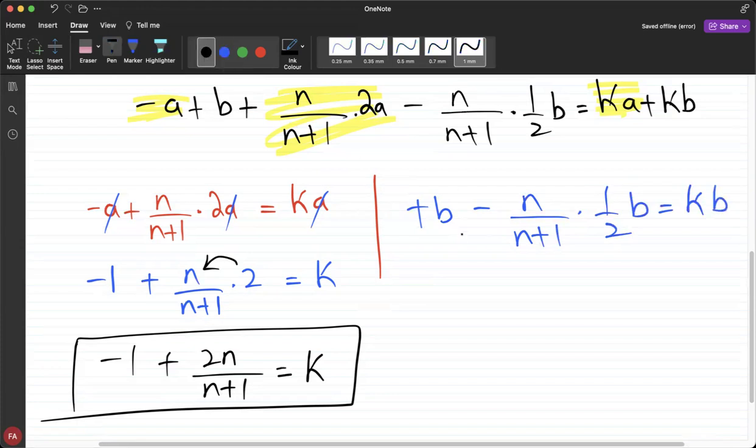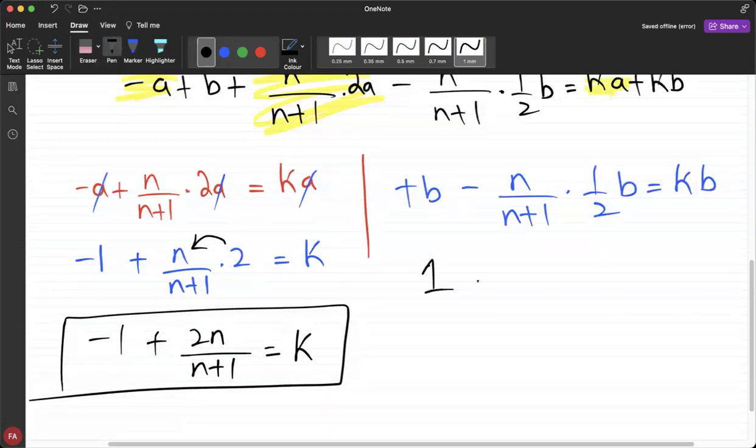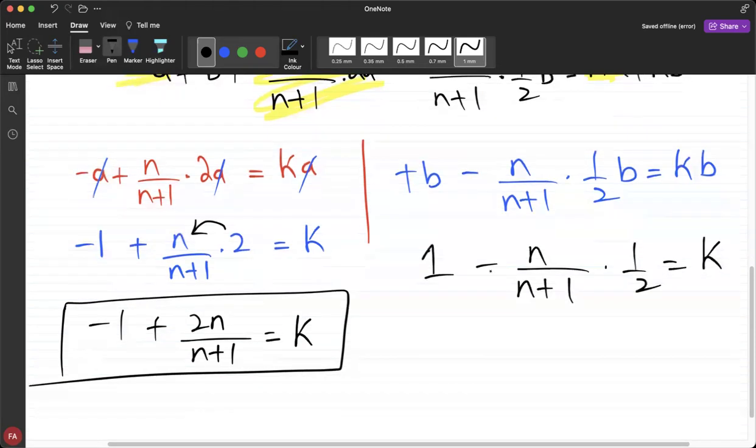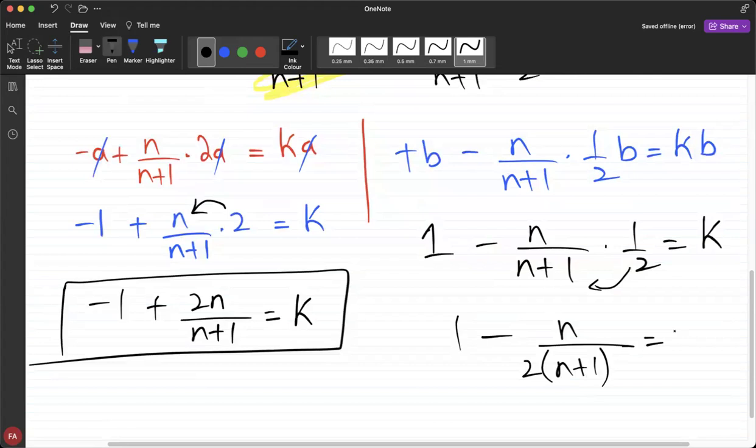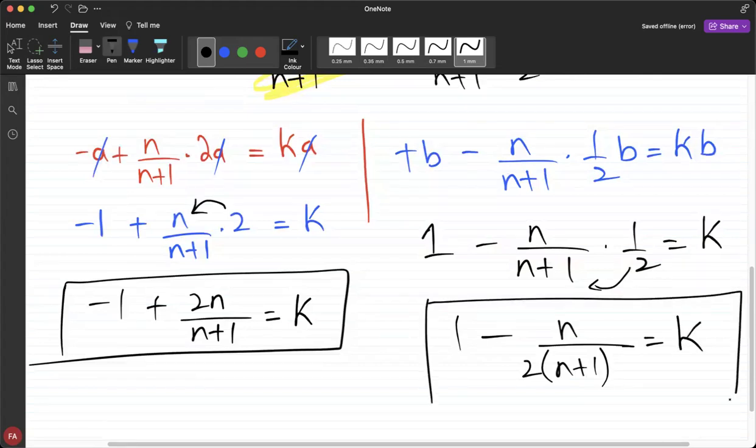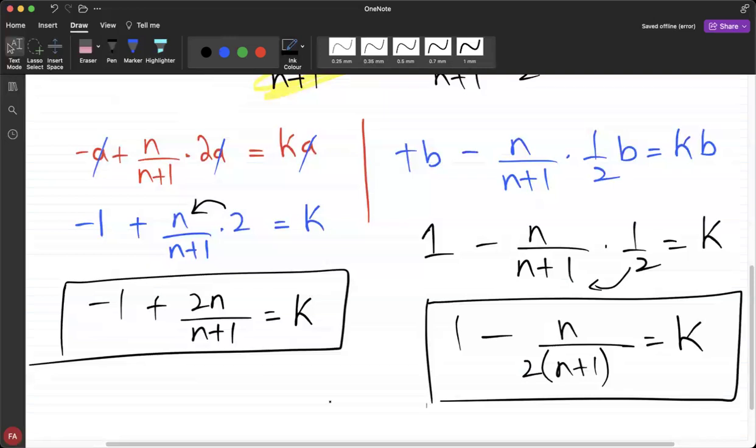Like I said, you can just cancel out the b. That's going to be 1 minus n over n plus 1, 1 over 2 is equal to just k. If I were to just multiply this, that's going to be 1 minus n over n plus 1 times 2 is equal to k.